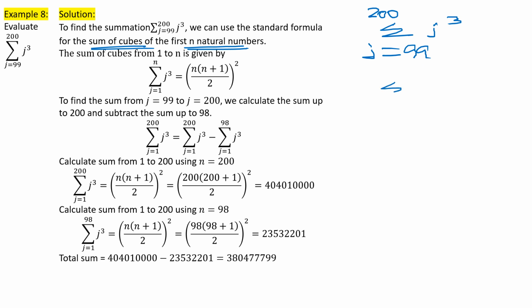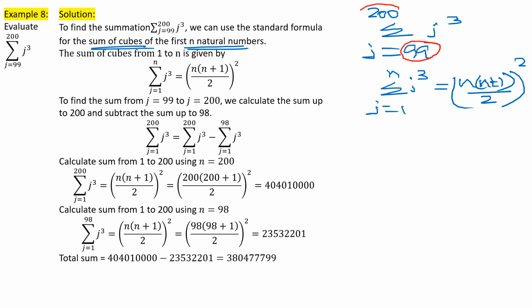The formula will be sigma j equal to 1 to n of j to the power 3, that is equal to n times n plus 1 divided by 2, the whole power 2. But here we calculate the sum up to 200 and then subtract the sum up to 98, because the question is sigma starting from 99 to 200. But the formula is j varying from 1 to n.